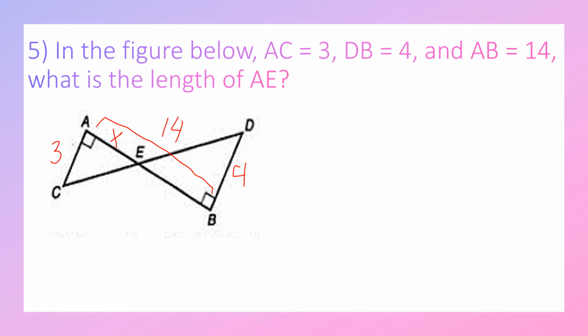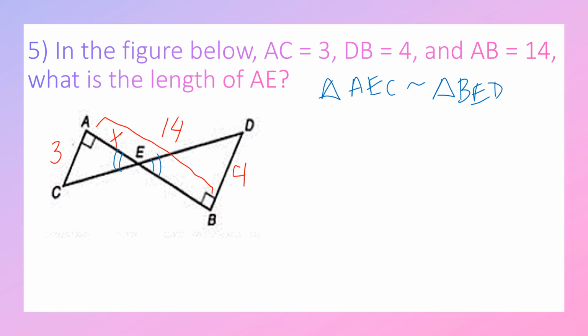I could say that these two angles are congruent because of the vertical angle theorem. And now that means that triangle AEC is similar to triangle BED because of that angle-angle similarity postulate.